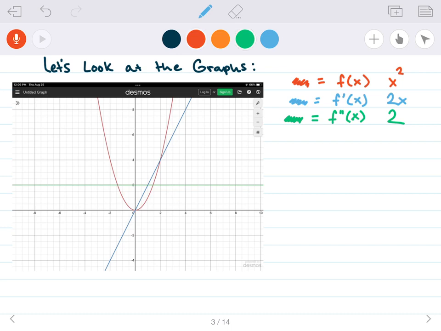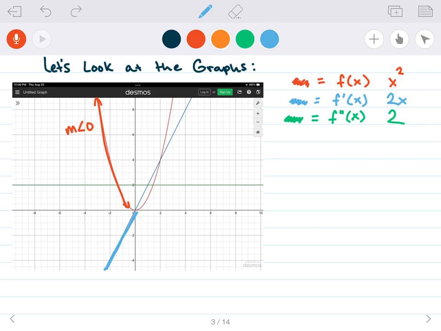So if we look at our original function in red, the slope is negative right here. And so that's telling us that our derivative function should be below the x-axis on this interval. And we see that that's the case, right? Our derivative, our first derivative is 2x, and we can see that it's going to be below the x-axis right here.